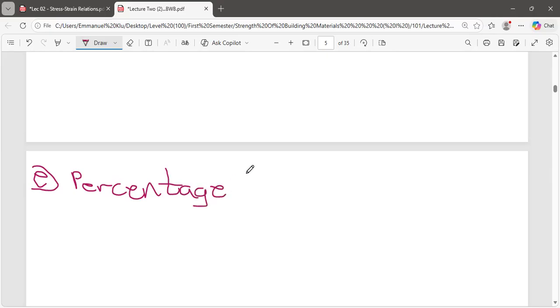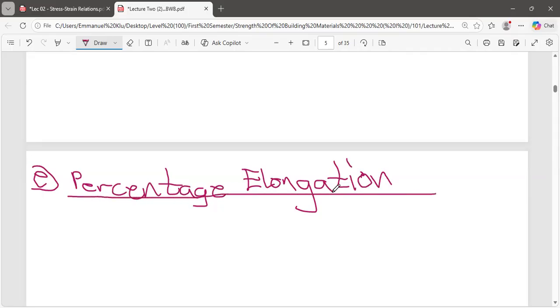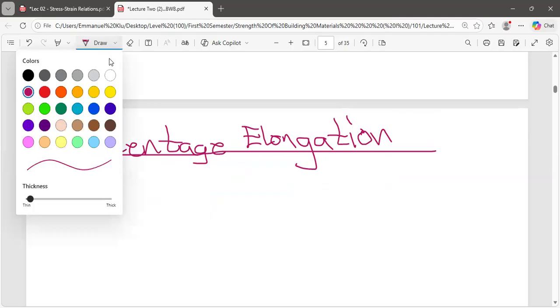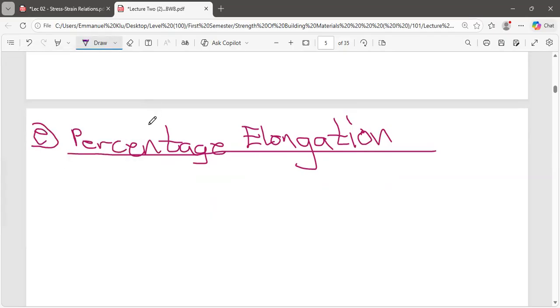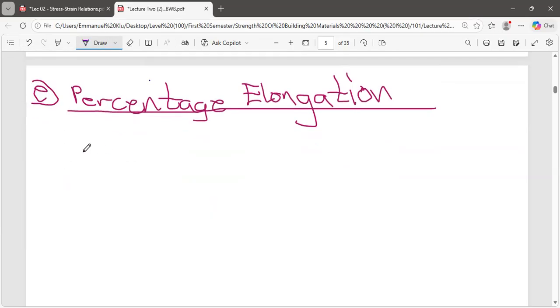That is the total extension over the gauge length times 100. What is the meaning of elongation? What is the other name for elongation? Extension. All right. Which other name can you also give to elongation? Deformation, exactly.